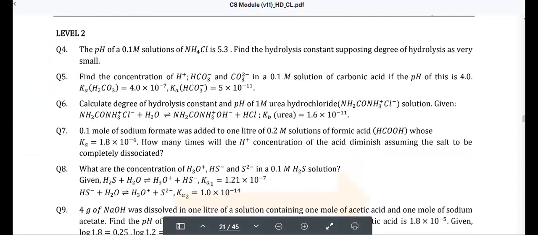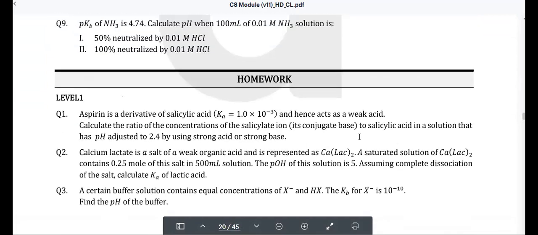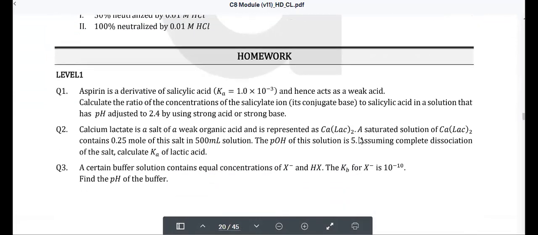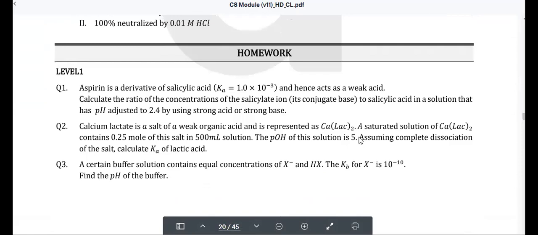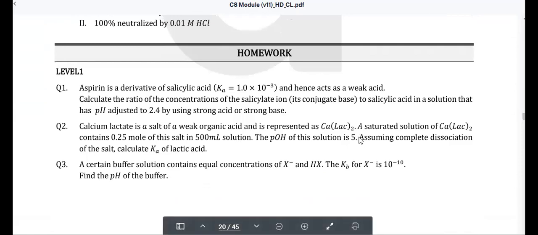Okay, now homework, everyone. Homework of 8.3. Question 1, 2, 3. Any doubts? Guys, any doubt in question 1, 2, 3?